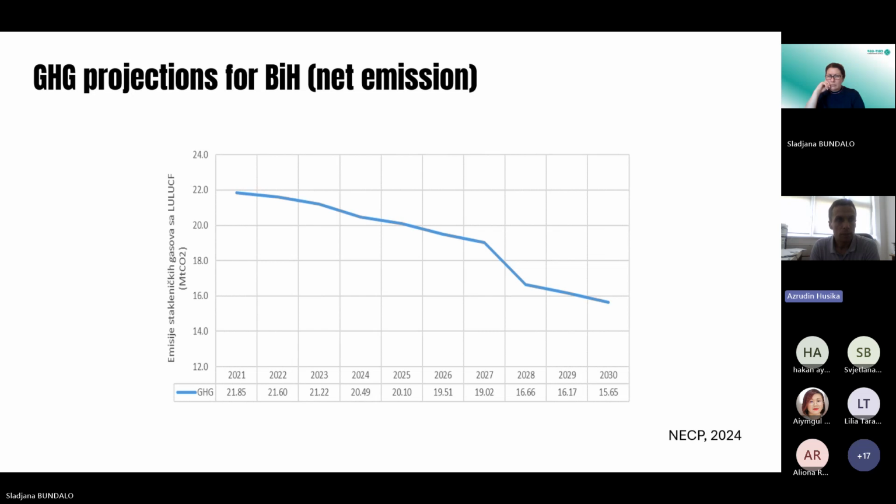LEAP enables us to make alignment between different documents such as the NDC and the National Energy and Climate Plan, including the update of the NDC, and especially since now we are in the preparation phase for NDC 3.0, it means that we have a unique platform for modeling. Later on, you will see that there are a lot of challenges in GHG projections. Some of them are related to the applied model, but most of them are not linked to the model applied. And the next slide, please.